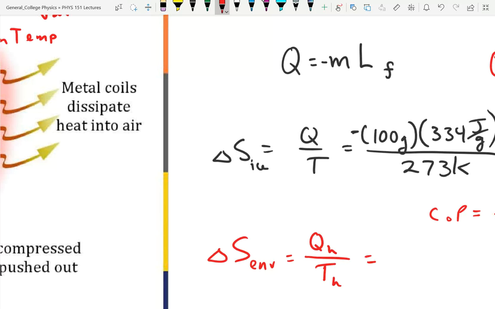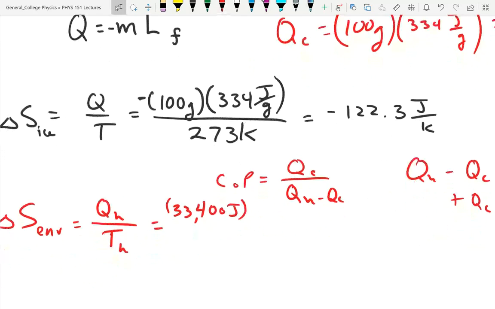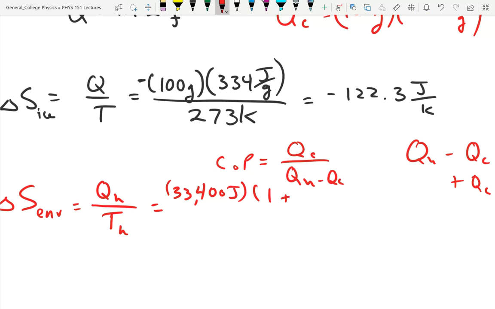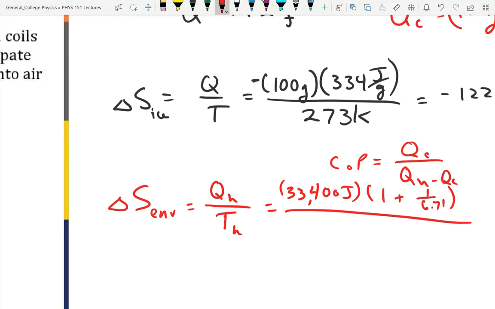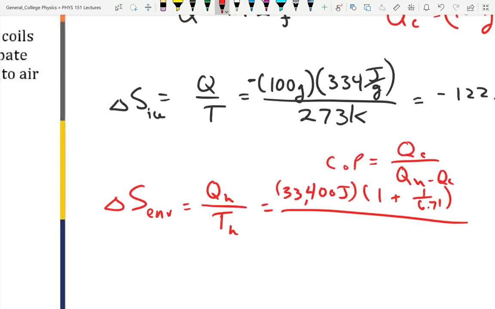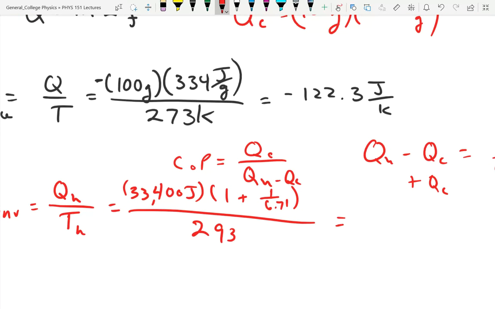So for my Q hot, I'm going to have 33,400 joules. I did put joules, right? Yeah. Times 1 plus 1 over 6.71, because that's what we just calculated right there. Divided by our temperature hot, which was 293, yeah. And so if we calculate that, what do I get? 130.9.